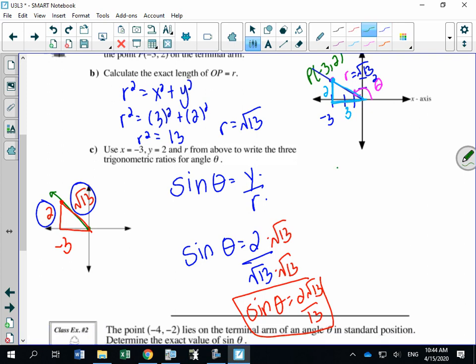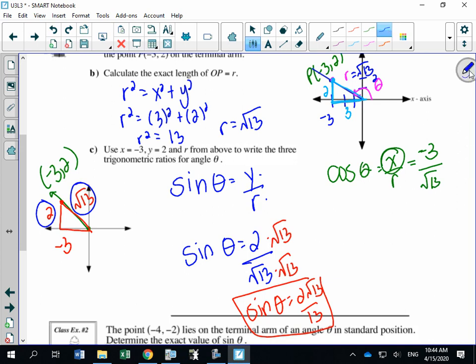The cosine of theta, you guys remembered that cos is x over r. For our trig ratios, x is negative 3, so I have to use the actual point, which was negative 3 comma 2. So x is negative 3 and r is root 13. Let's rationalize by multiplying both numerator and denominator by root 13.